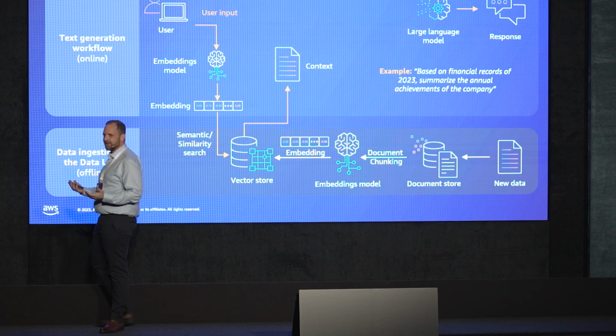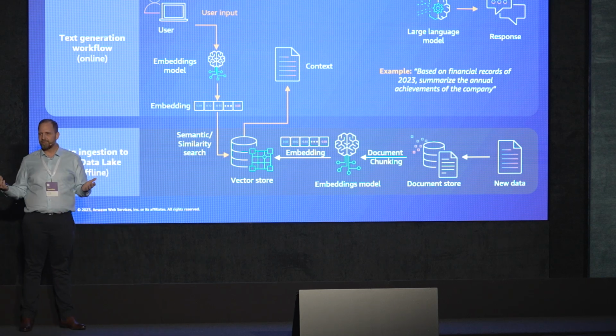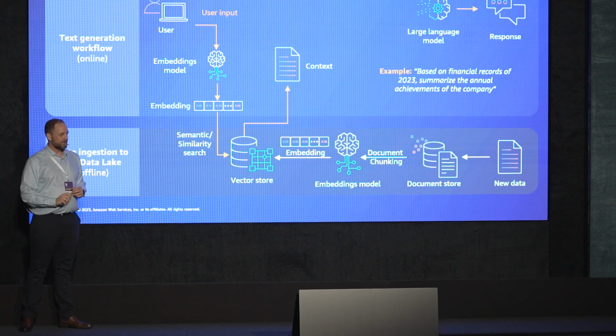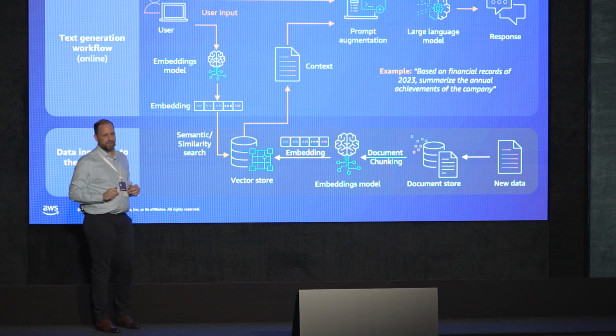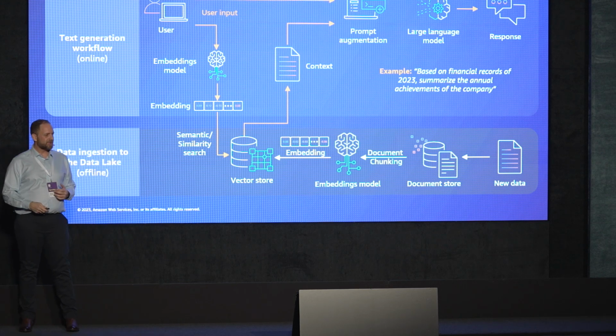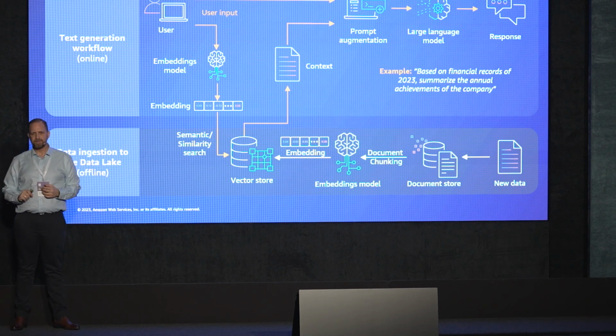What is a context? The context in my case here is all the financial records. I got them. What is the next step? We need to combine the initial input with this context, and give this as an instruction to the LLM in order to give us precise results.